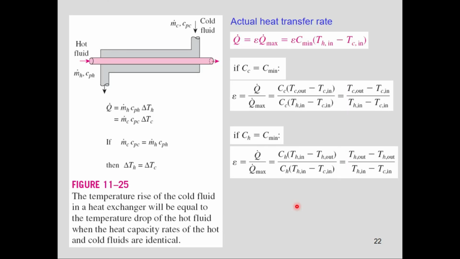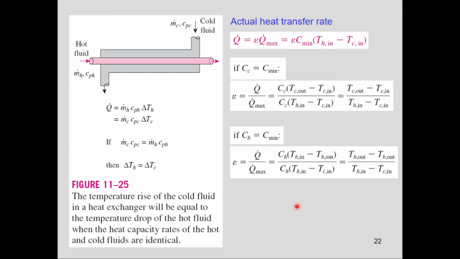So the determination of Q max requires the inlet temperatures of the hot and the cold fluids and their mass flow rates, which I have already explained in the previous slides, and which are usually specified in the previous example or slide as well.